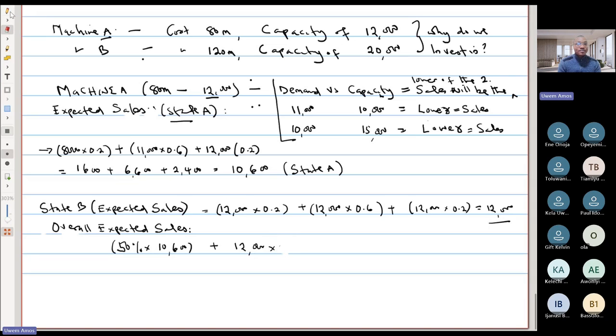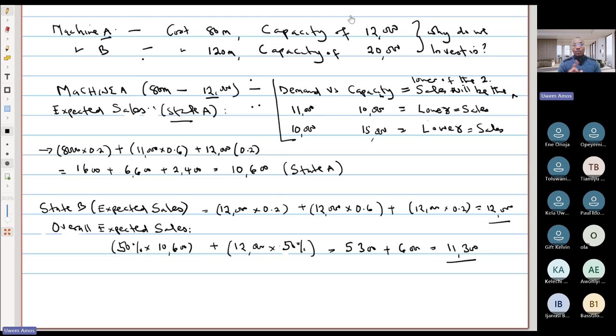So that would be 12,000 multiplied by 50%. So 50% of this would be 5,300. And 50% of this would be 6,000. And that gives us a total of 11,300 as the overall expected sales. If you have any question up to this point, please feel free to ask.